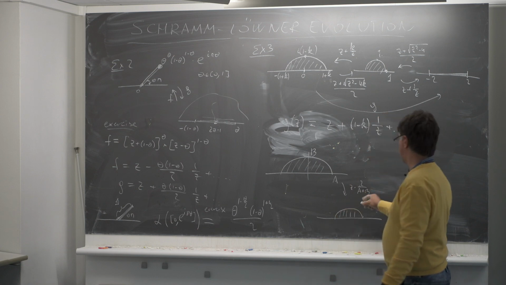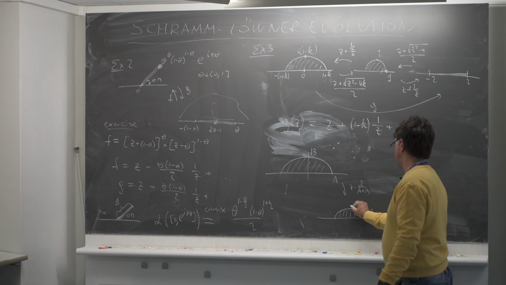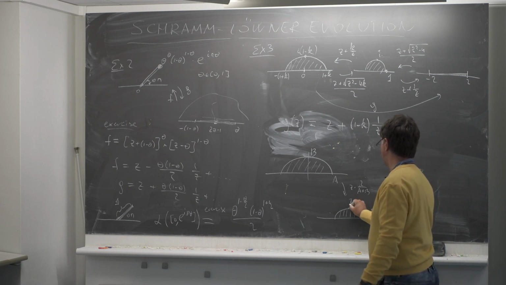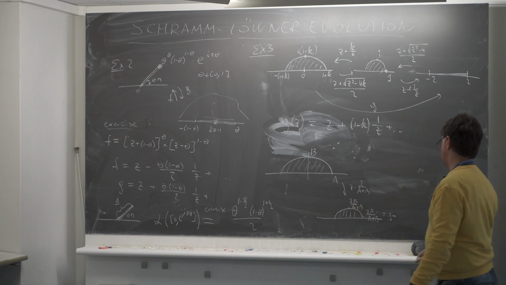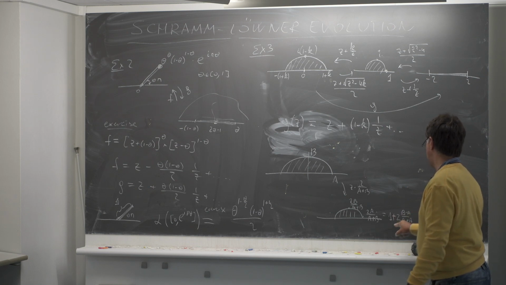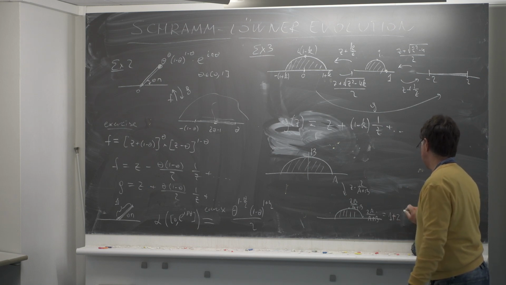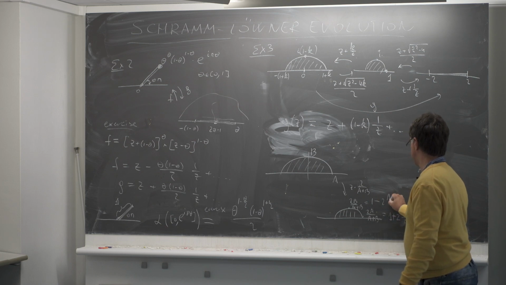You can get 2 half-axes, 2a over a plus b and 2b over a plus b, and this is 1 plus, sorry, a minus b over a plus b, and this is the same as 1 minus 2 times b minus a over a plus b.